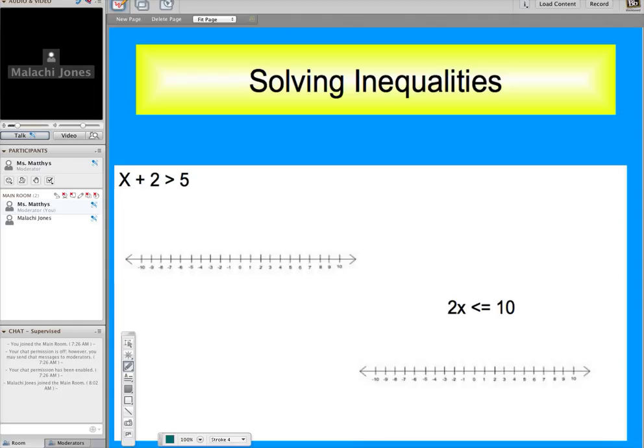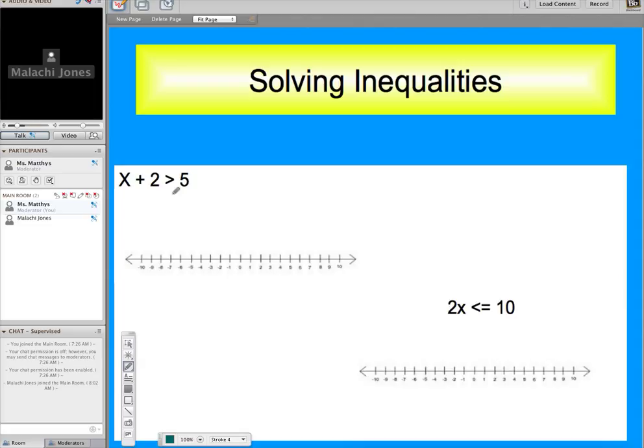Okay. Now we're on to inequalities. All right. And we've got greater than and less than or equal to. We have equal to. When I'm graphing on a number line, okay, how do I show greater than rather than greater than or equal to? An open circle. Yeah.